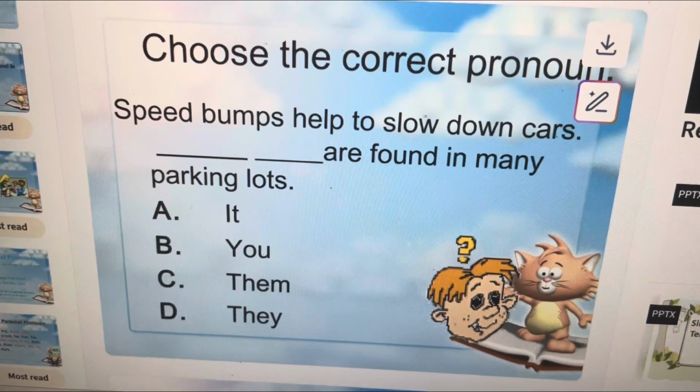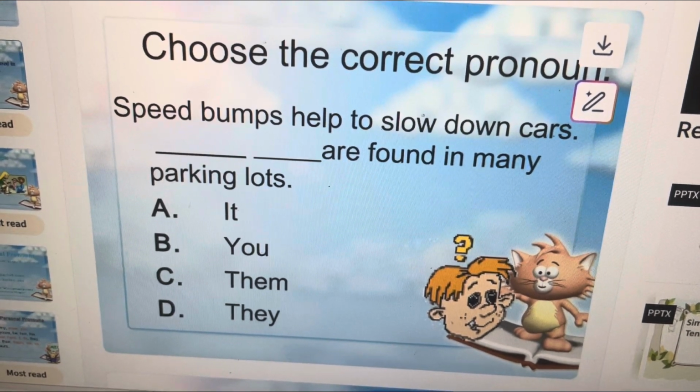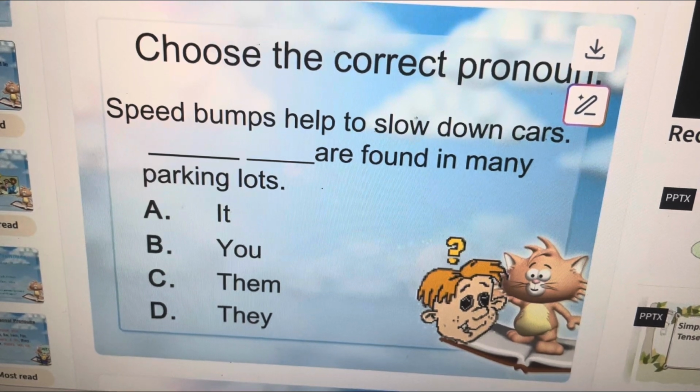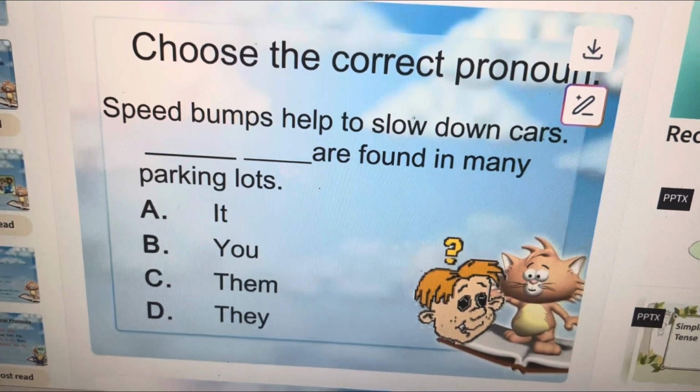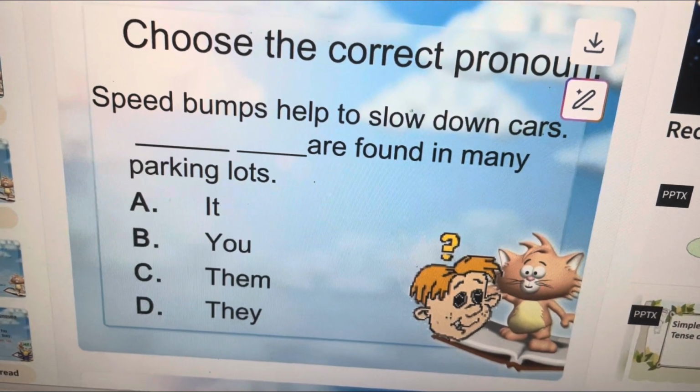So here the subject is speed bumps. We are talking about speed bumps. So what pronoun will come here? They are found in many parking lots. Clear this much?